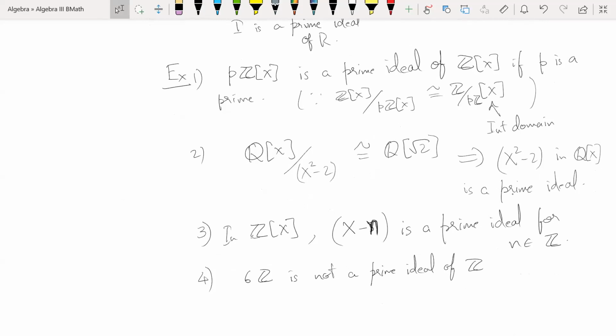In fact, the ideal generated by x squared minus 2 in Z[x] is also a prime ideal. These are various examples of prime ideals.